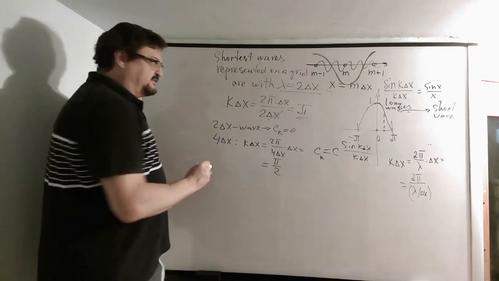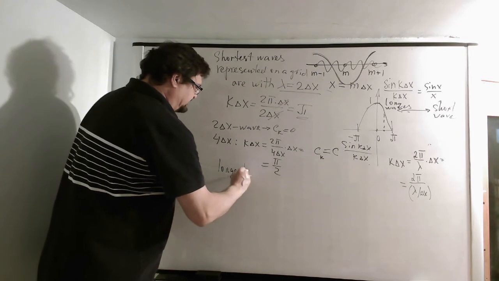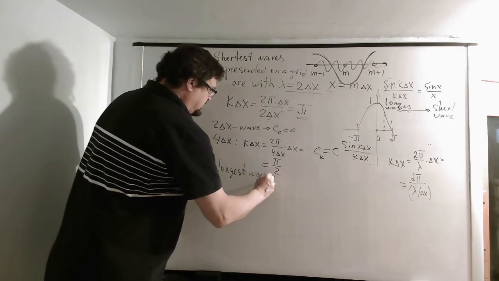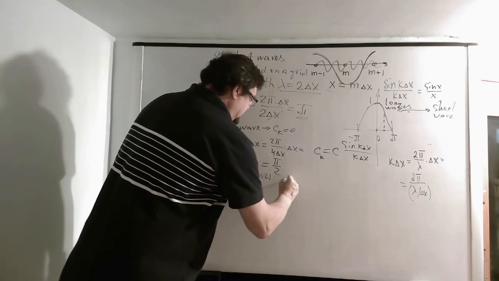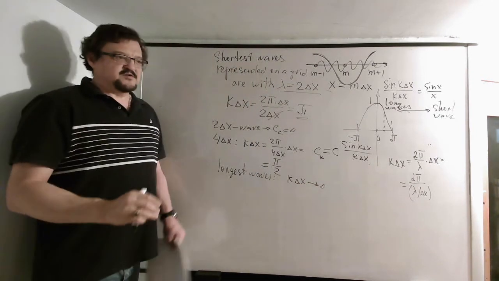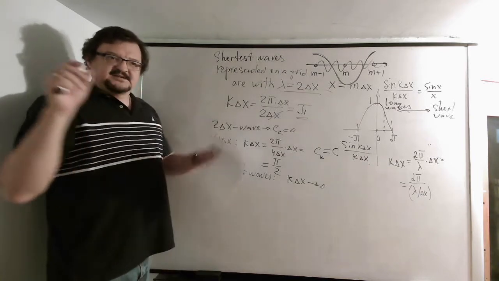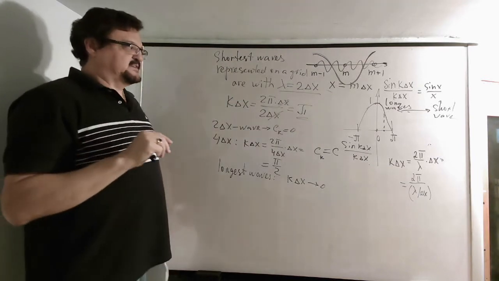So longest waves are k delta x approaching 0. So you have many delta x's in the wavelengths of longest waves.